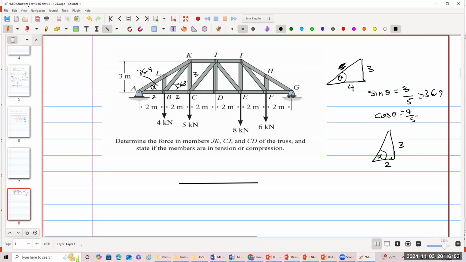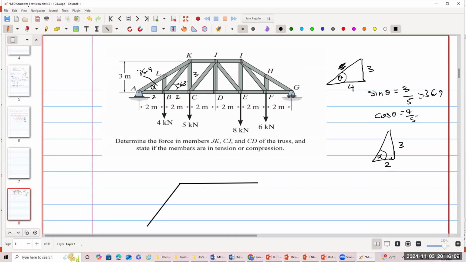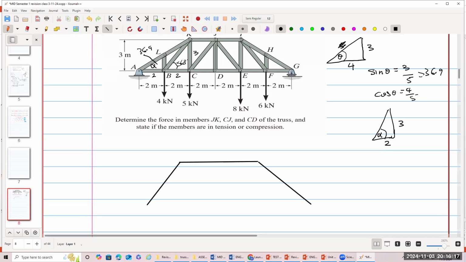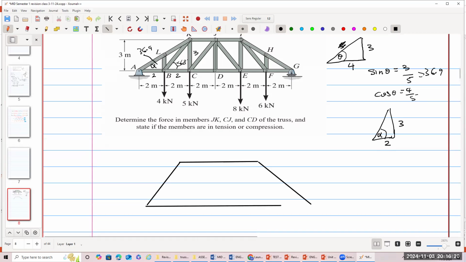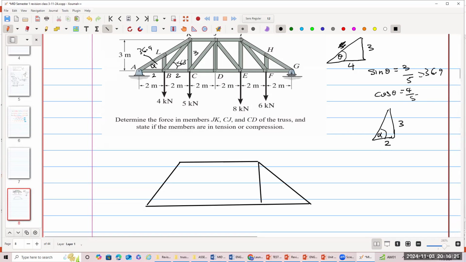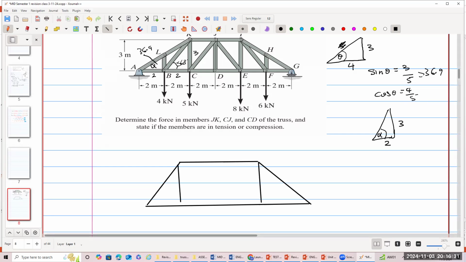It's not going to be drawn to scale, guys. Unfortunately, I'm trying. Then you're going to draw the section down here. Draw these first.